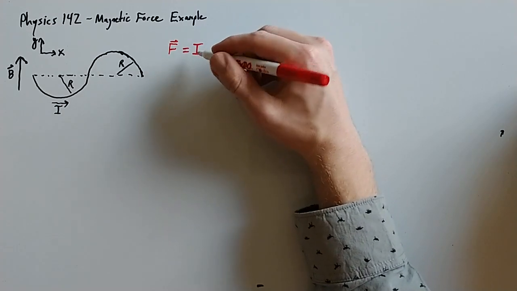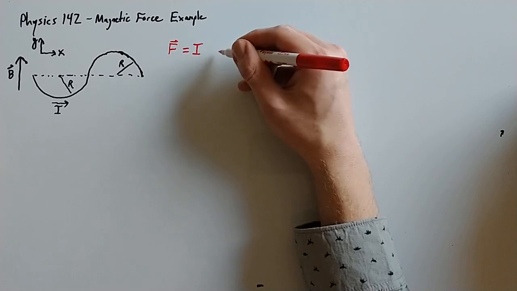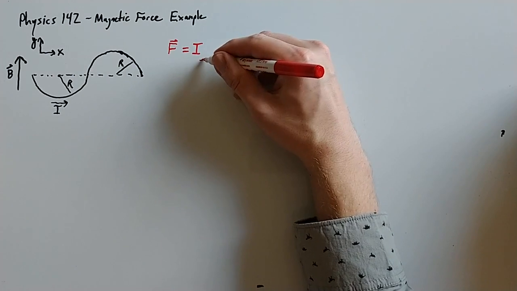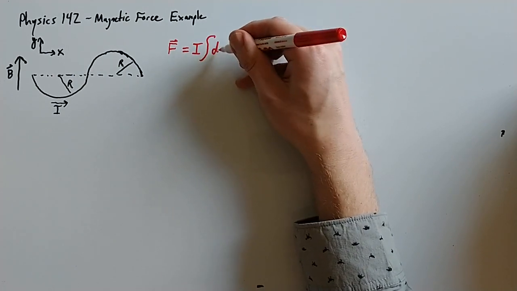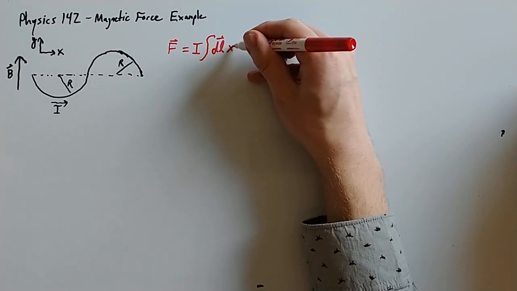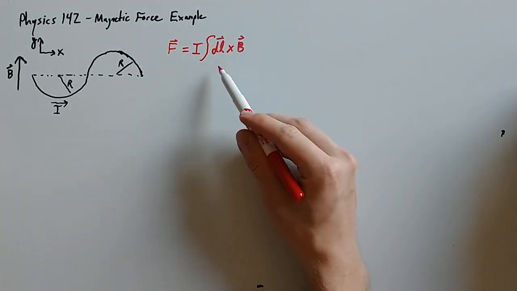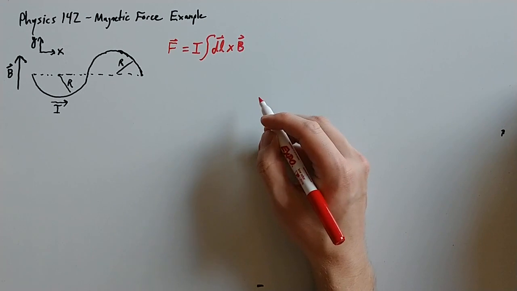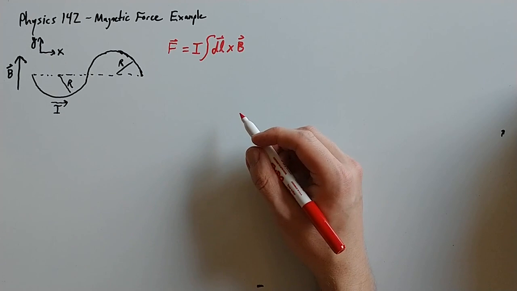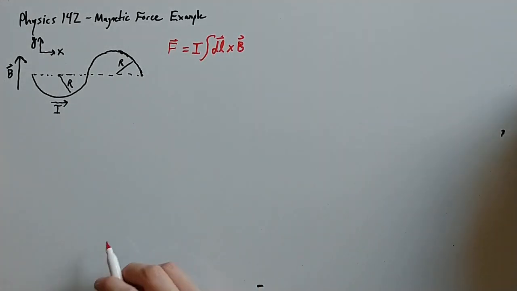For straight wires we could write it as just the full length L, but now that we have a bent wire, we need to do this as an integral: the integral of a bunch of little pieces of length dl, each crossed with the magnetic field, so the cross product of dl and B. So how could we apply this formula to this problem?